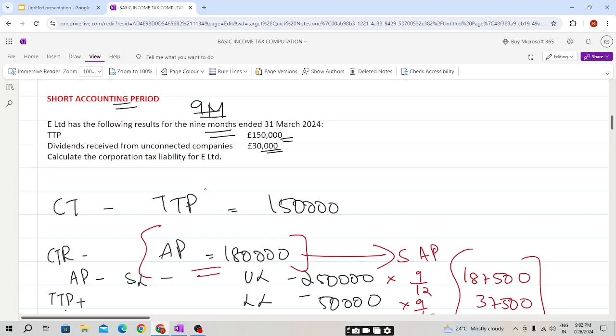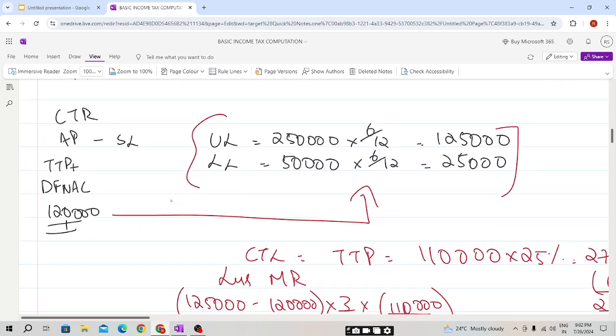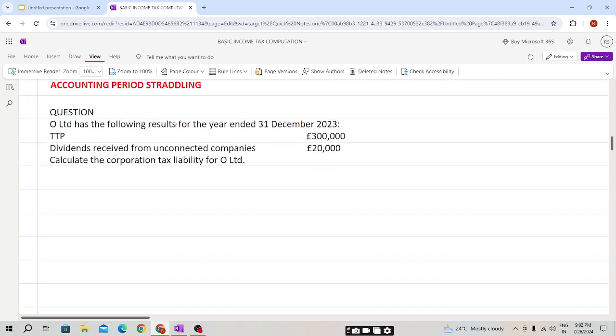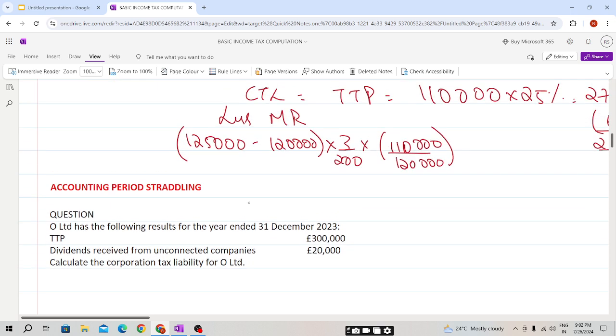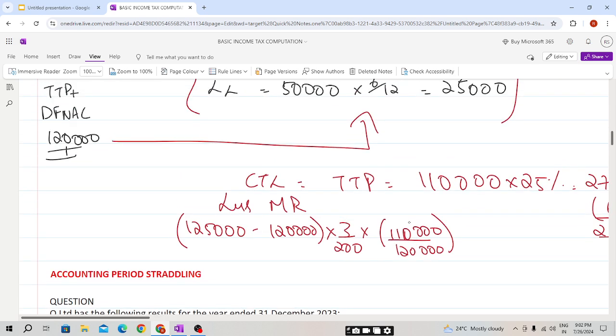First we'll complete this one more topic we have. This is the most important topic. After this we will be doing the associate part. But we have already learned that the upper limit and lower limit will be divided if short accounting period and number of associated company.